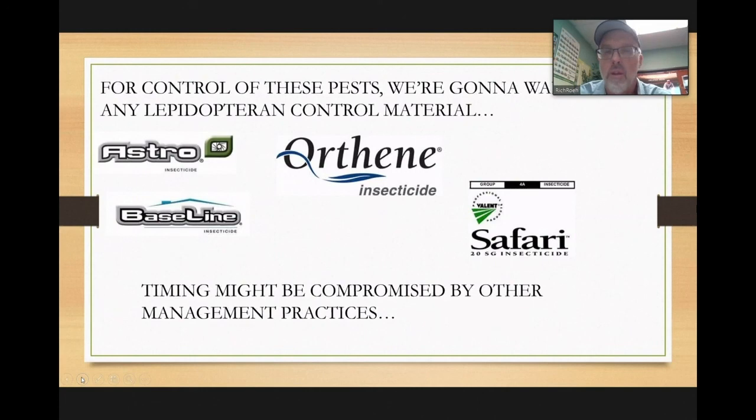Orthene is also one of the other ones that you could use as a plan B for turf mites. You could spray it on turf as well. I don't think it's as good as bifenthrin, but it's going to clean up some mites as well. Safari is dinotefuran. It's probably the broadest spectrum of any of those compounds listed up there.